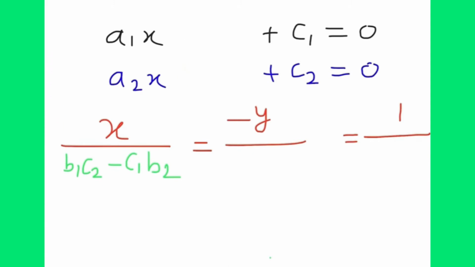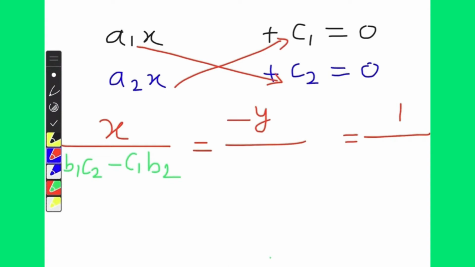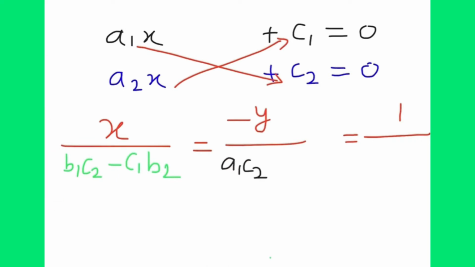After this, again you cross multiply, that is a1 to c2 and a2 to c1, and you write under the term of y: the multiplication of a1 and c2 is a1c2, then put the sign minus always, and then multiply c1 with a2, so you write c1a2.